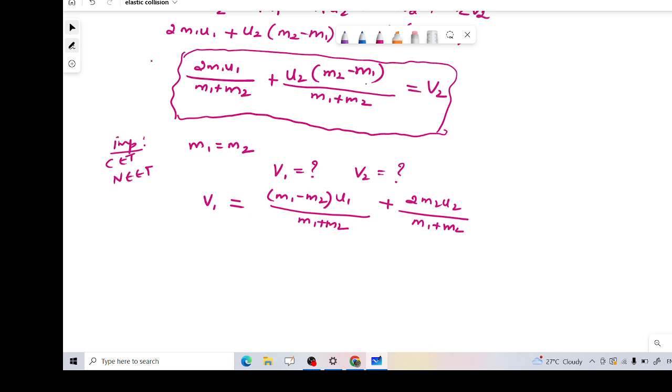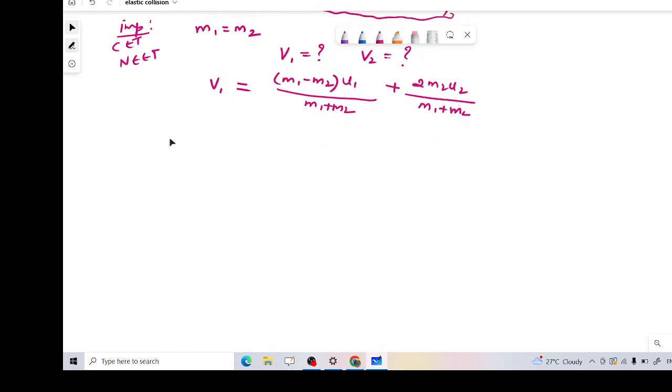So when these two masses are equal, what will be the velocity of v1? This v1 will become, this m1 minus m2, both the masses are equal, means this term will become 0, and here 2 m2 u2 divided by m1 plus m2 will become 2 m2. So 2 m2 and 2 m2 cancel. So what I will get is v1 is equal to u2.